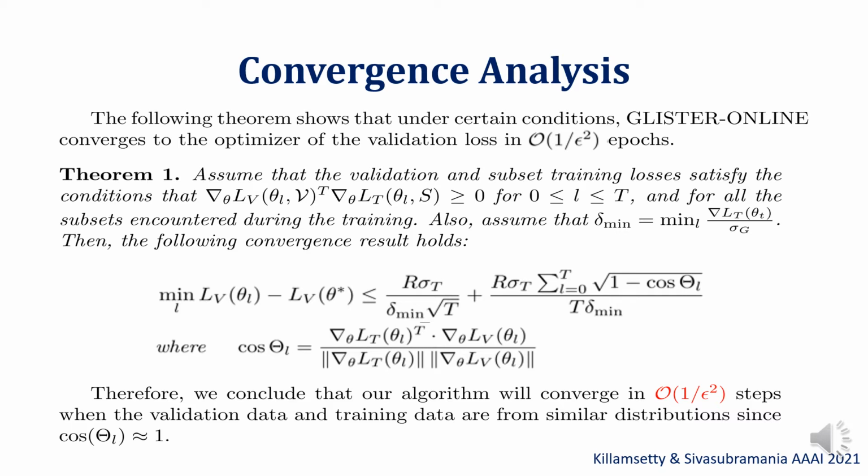Now you can also show that there is a convergence order of 1 upon epsilon square number of epochs.